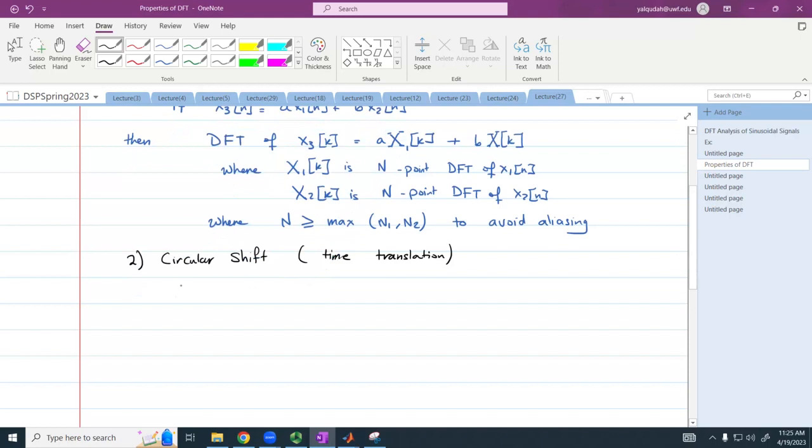Now, in the discrete time Fourier transform, if I have a sequence x of n that has a discrete time Fourier transform x of e to j omega, then if I shift x of n by m, the discrete time Fourier transform is going to equal e to negative j omega multiplied by m multiplied by x of e to j omega.